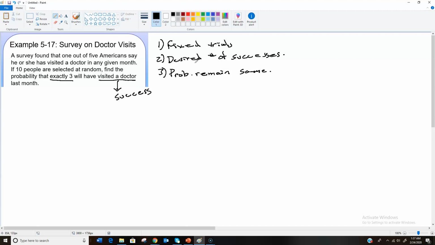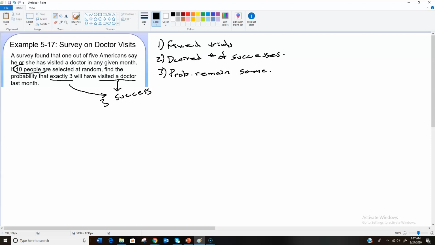And we have a desired number of successes. So we want exactly 3 successes. We want 3 people to have visited the doctor in the last month. That's out of a fixed number of trials.